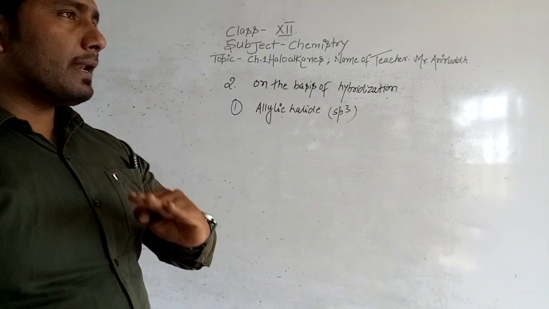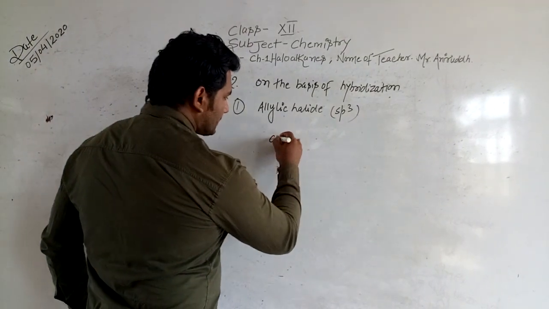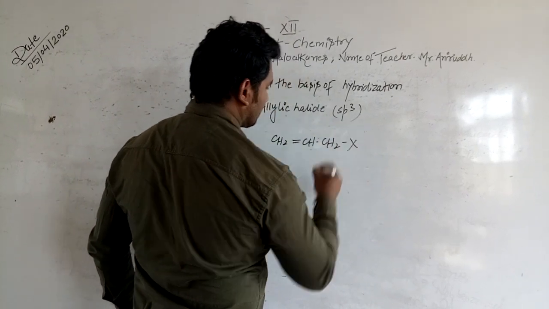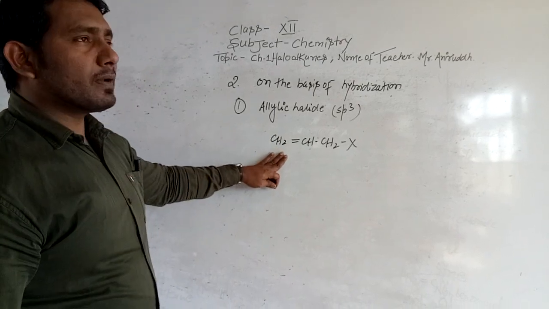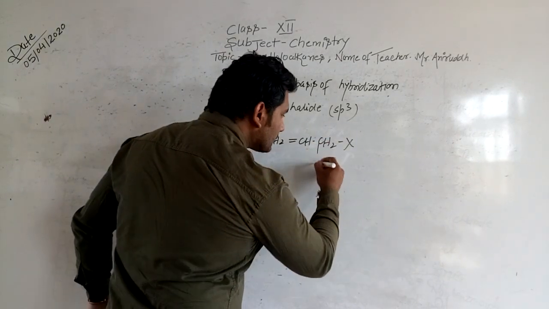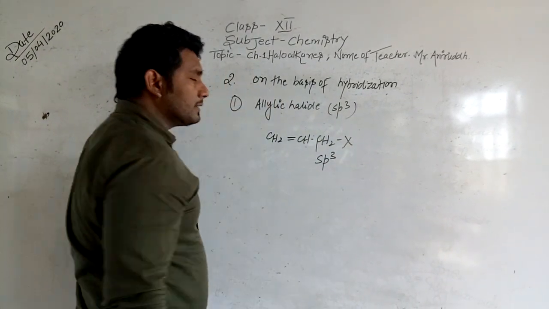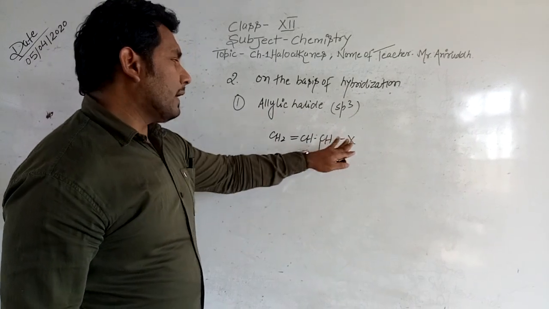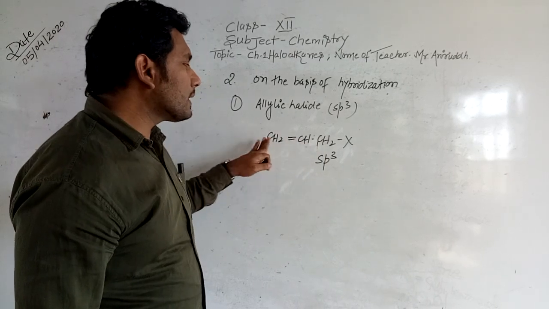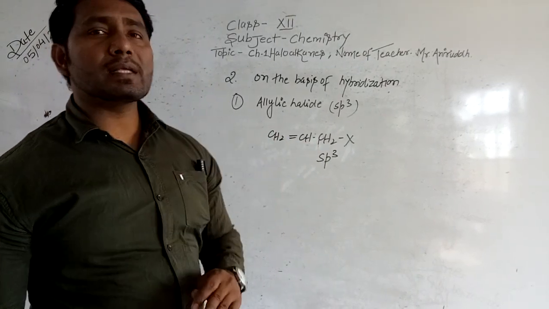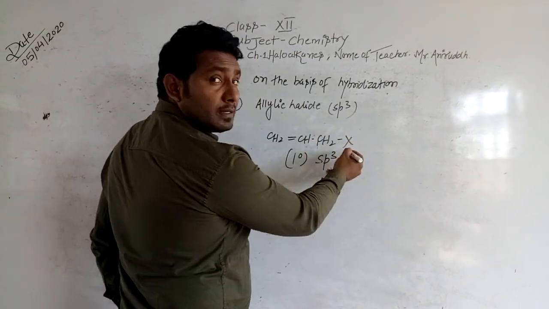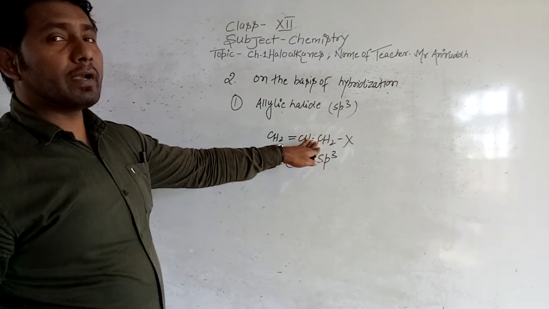The example for allylic halide is CH2=CH-CH2X. The halogen atom is bonded with sp3; this carbon is sp3. This is called 1 degree allylic halide because the halogen atom is bonded with a 1 degree carbon atom.